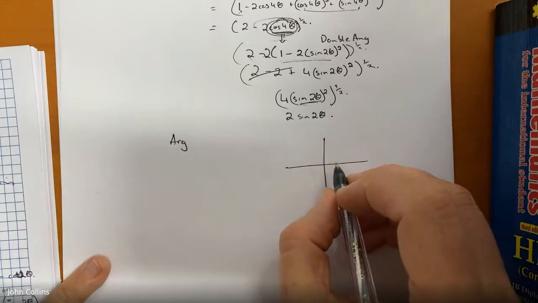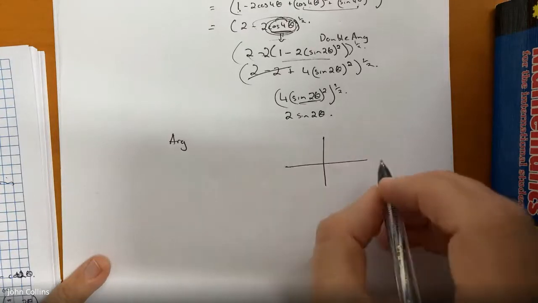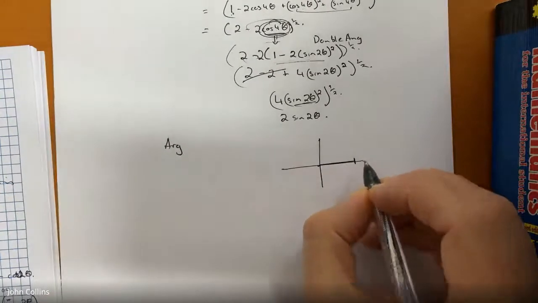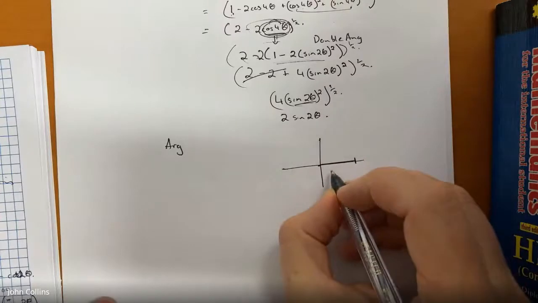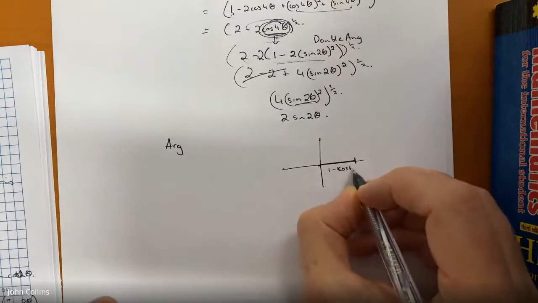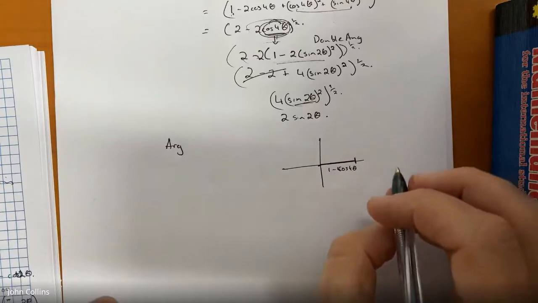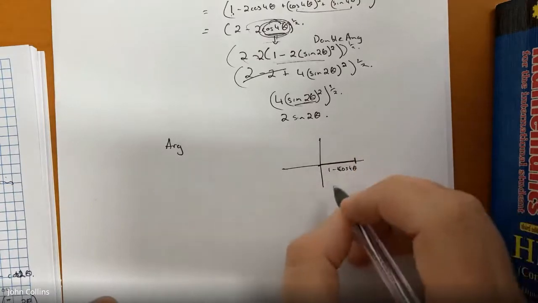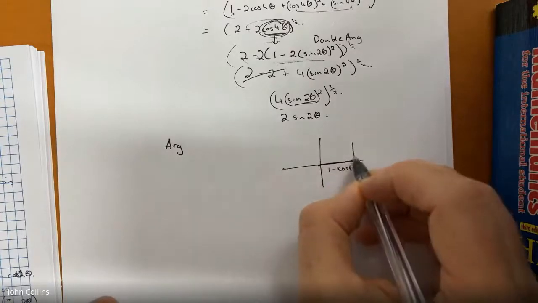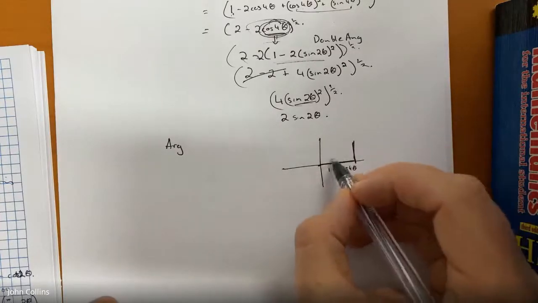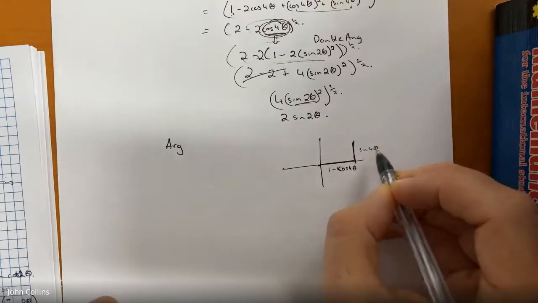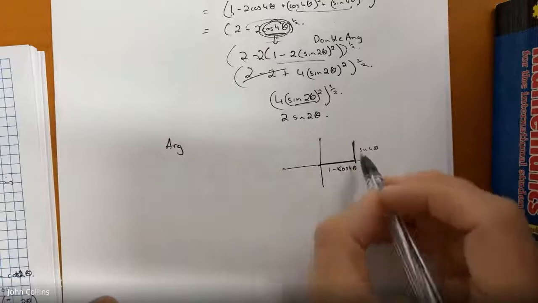So let's say, just for example, that this mightn't be right, but let's just say that this is 1 minus cos 4 theta, and we've got up sine 4 theta. This is not it, obviously. I know it's down, but that's okay. That's just for this example.